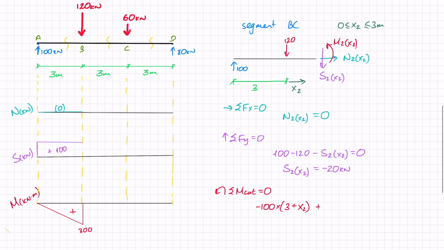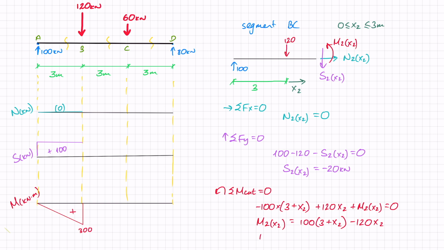And then I've got a positive moment from the 120 times x2. And I've also got M2 giving me a positive moment here. Once again, I need to isolate the moment. And if I do, I get that M2 equals 100 times 3 plus x2 minus 120 x2.